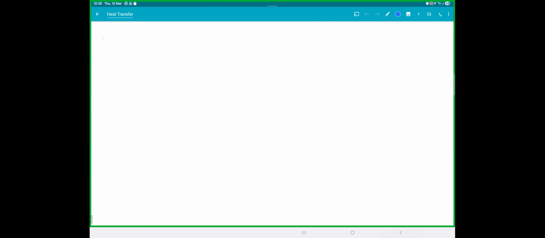Let's say a simple one. We've got a big sphere. Let's say this temperature is 127 Celsius and this temperature is 327 Celsius.